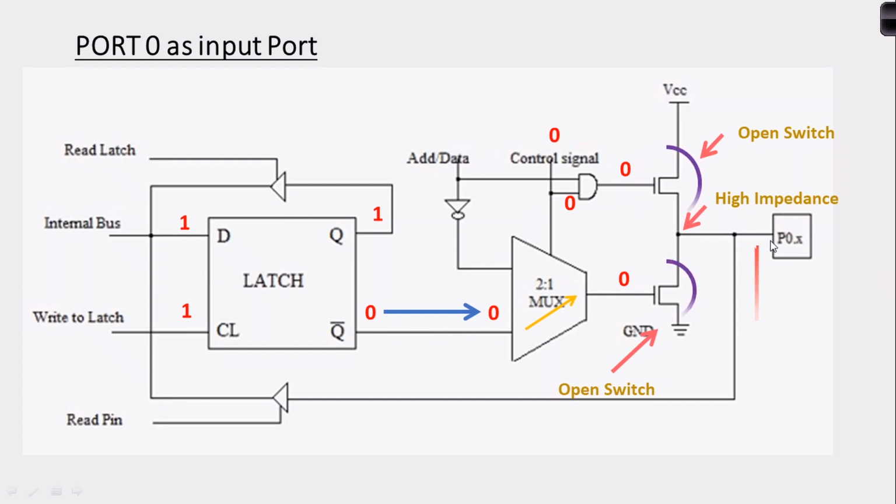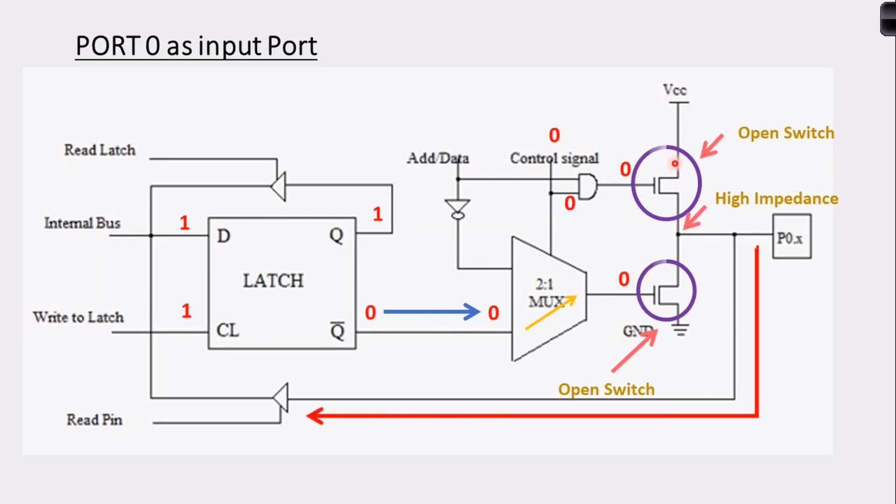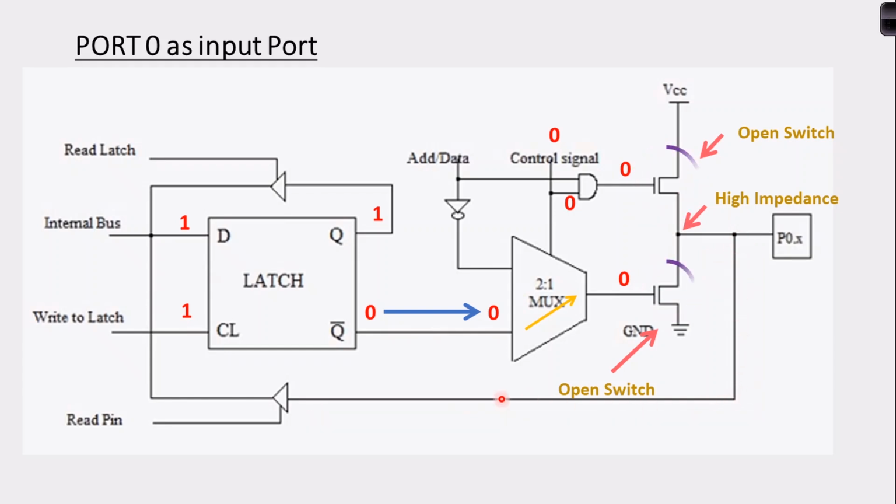Based on that, I'll be reading the data at this read pin. Since it is an open circuit here, and here also an open switch, I'll be getting a path which is over here.